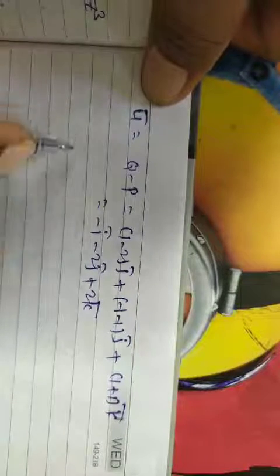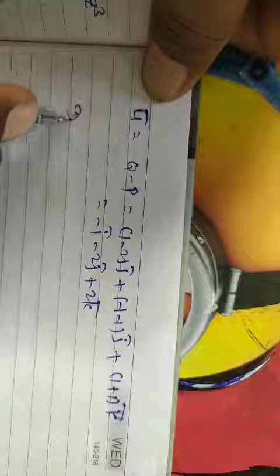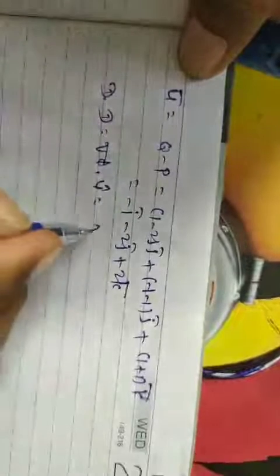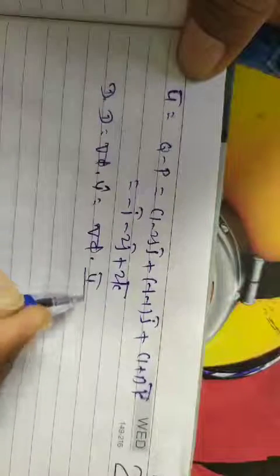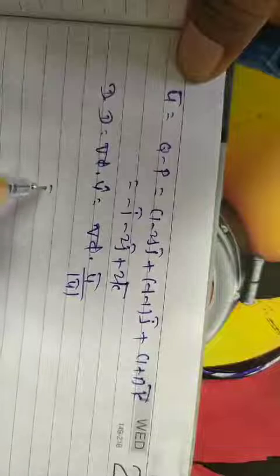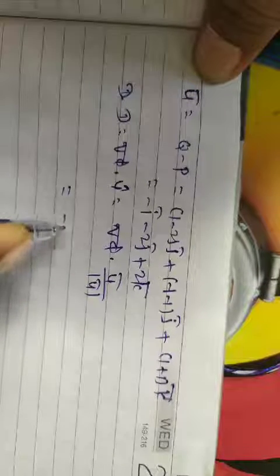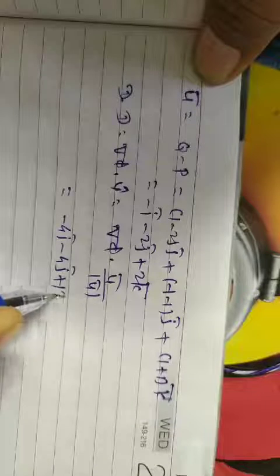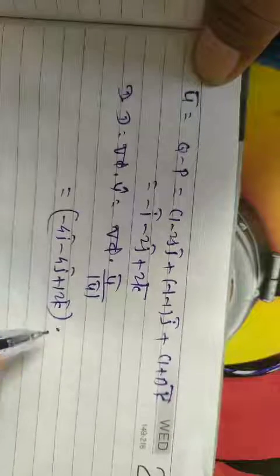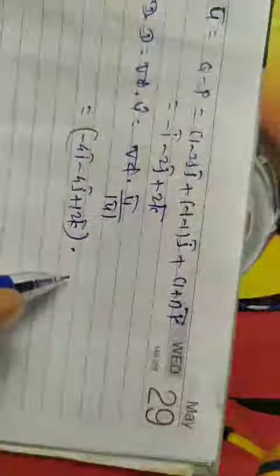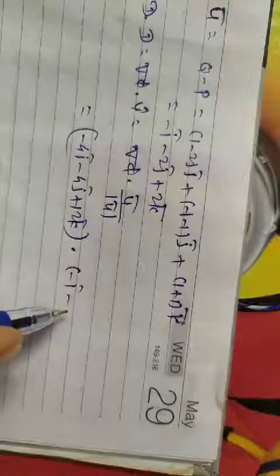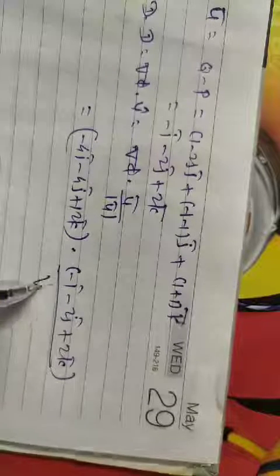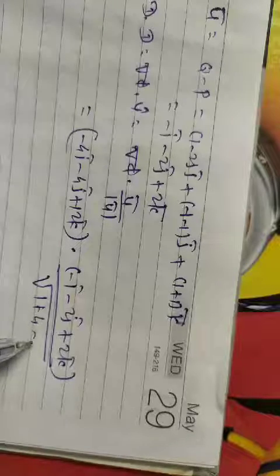So this is the u bar directional vector, and therefore DD is equal to del phi dot u cap, equal to del phi dot u bar upon magnitude of u bar. Del phi is -4i bar -4j bar +12k bar dot u cap, that is (-i bar -2j bar +2k bar) upon under root of 1 plus 4 plus 4.